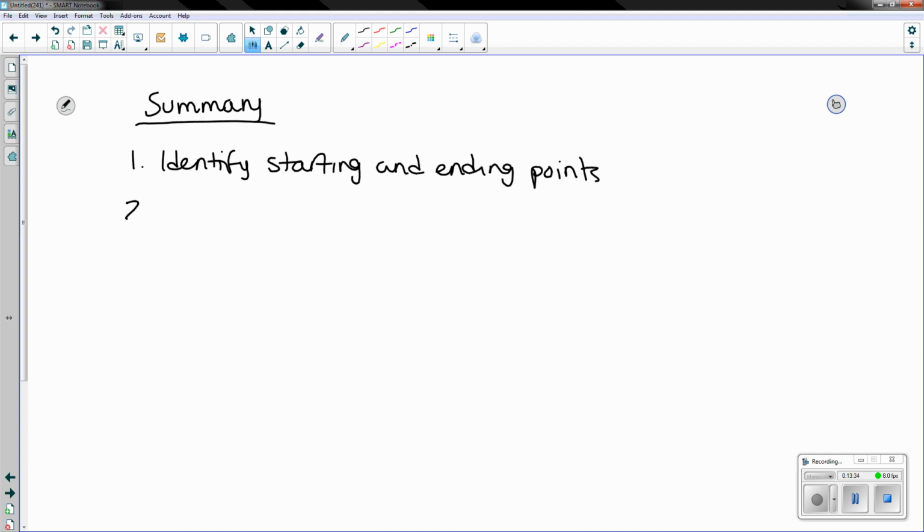The second thing, after you know where you're starting and ending, which is ultimately going to dictate direction of travel, which we'll talk about at the end, after that we want to find horizontal and vertical distances traveled to get from one endpoint to another.